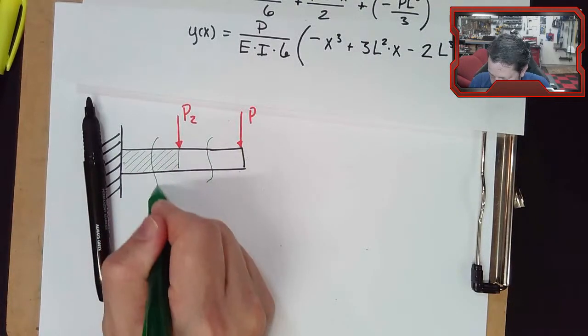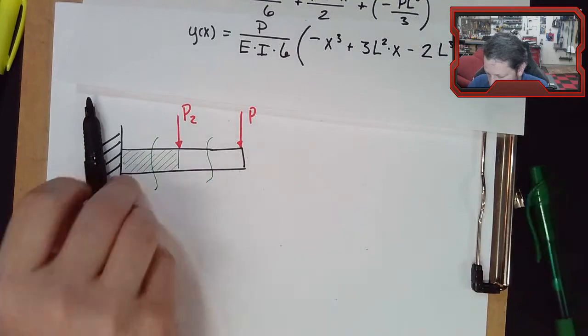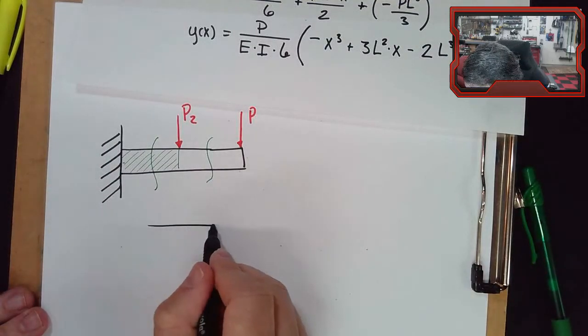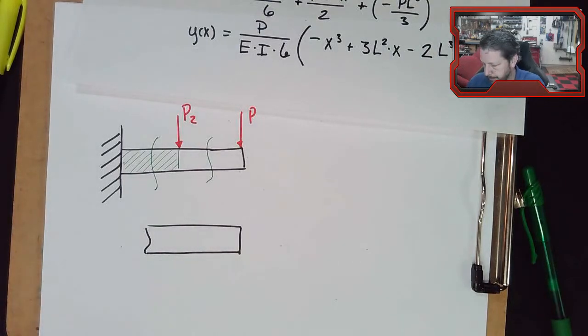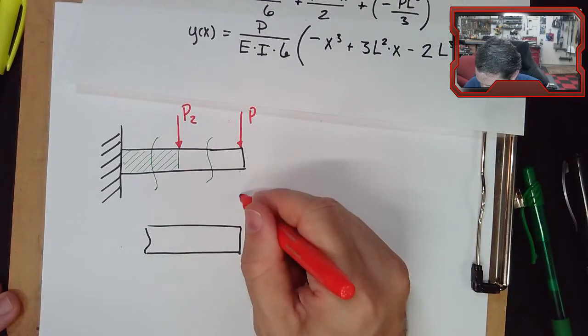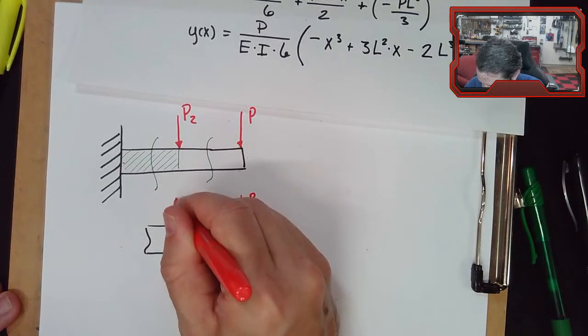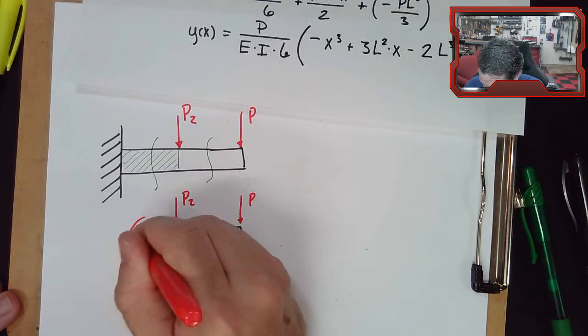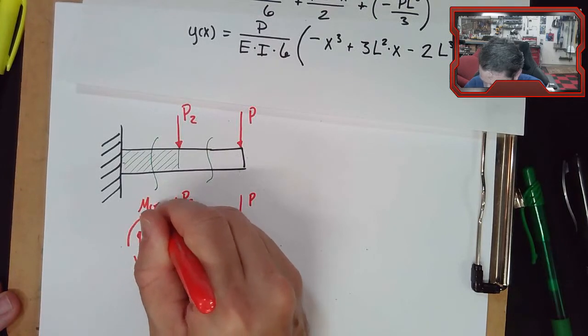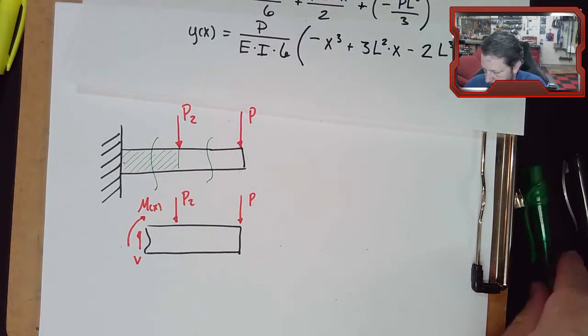So let's cut that open. I'm not going to do the whole thing, but let's just see what the bending moment is in this part. So there's the bending moment we want.